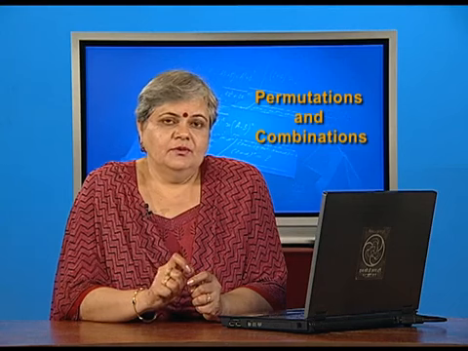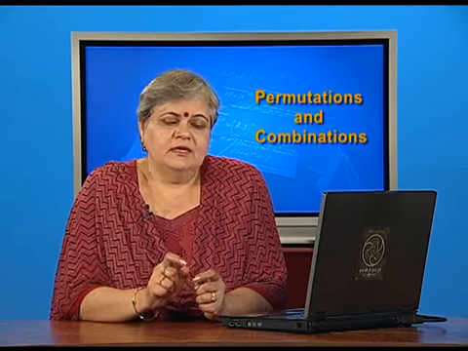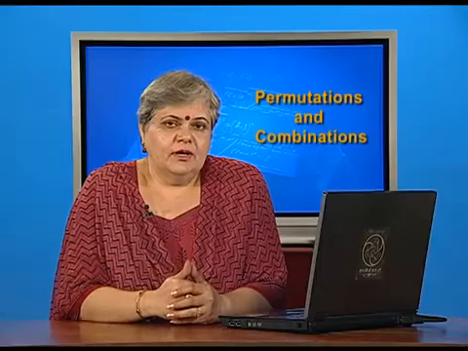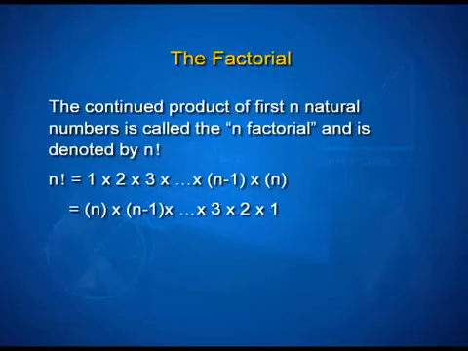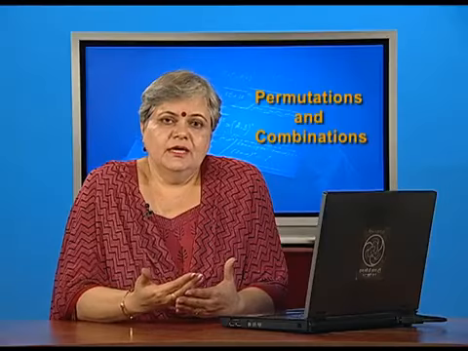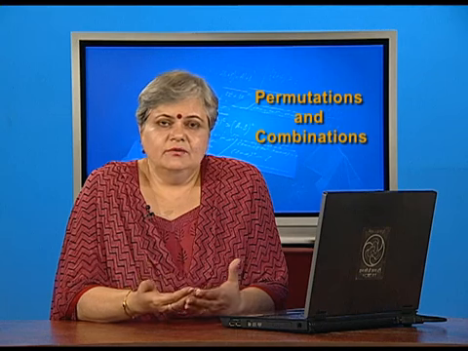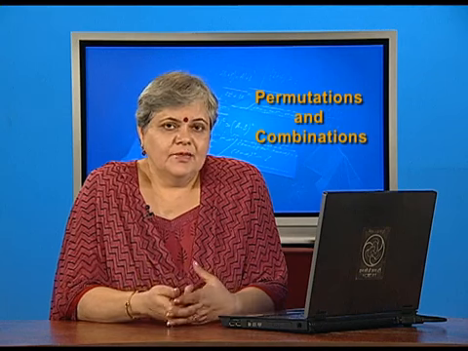So, n factorial has a value the same as 1 into 2 into 3 going right up to n, and can also be thought of as a reducing product. You start with n times n minus 1 times up to 3 times 2 times 1, because multiplication is commutative, you can always turn it around and write it in whichever order you want.